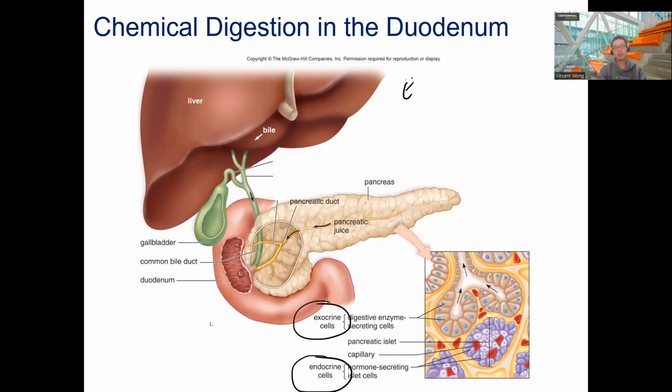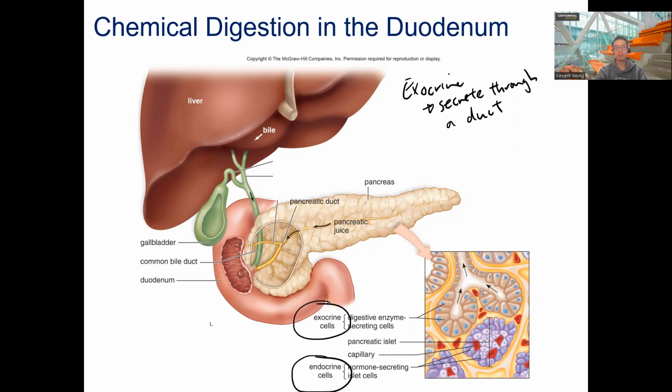And just let me tell you what the difference is. An exocrine gland secretes through a duct. All right. So a sweat gland, that's an exocrine gland. The sweat comes out through a duct and goes to the surface of your skin. The breast is an exocrine gland.